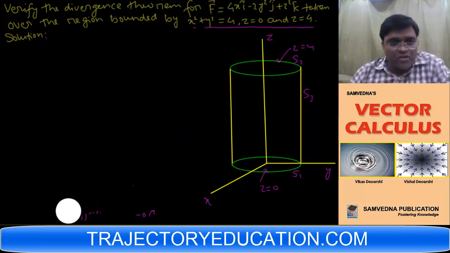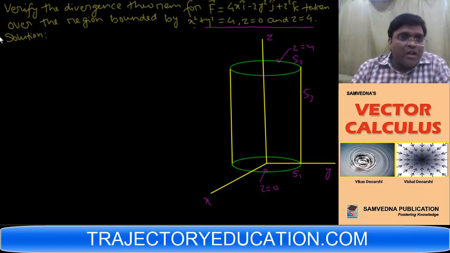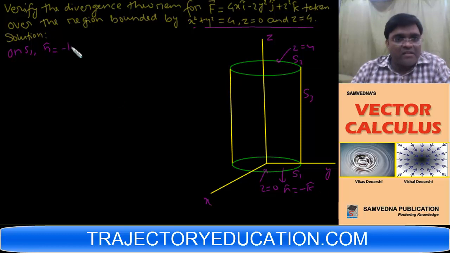Now the surface over which I have to calculate this integral consists of three pieces of smooth surfaces, S1, S2 and S3. On S1, the outward drawn normal n is equal to minus k.